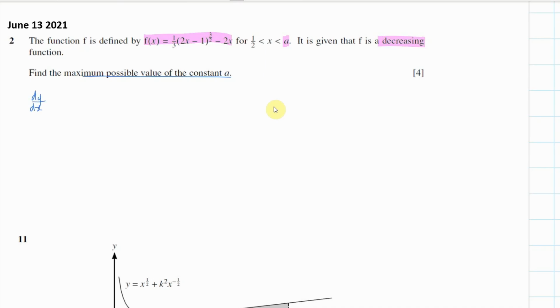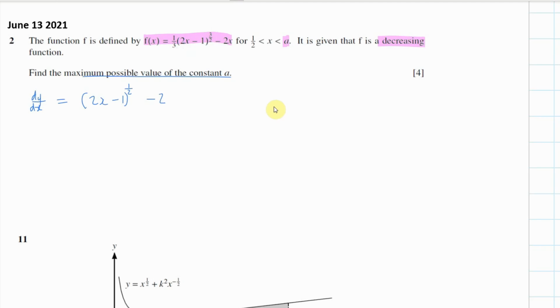So let's find the gradient function. 3/2, so we're going to do this times this times this. 3/2 times 2 is 3. 3 times 1/3 is 1. So that means we'll have a 1 in front of the bracket, which means we don't need to put it in. We're going to drop the whole bracket down by a power, and then that minus 2x becomes minus 2.